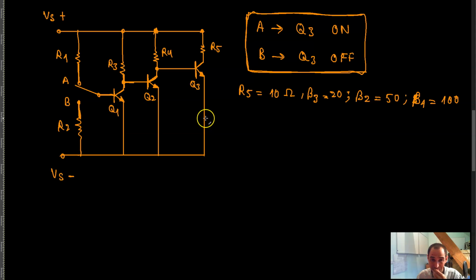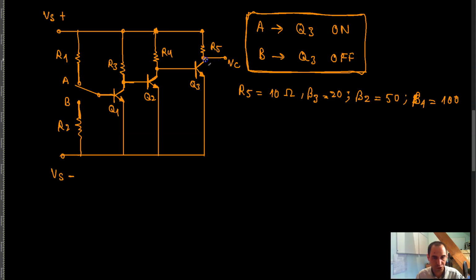In order to calculate that, a transistor is said to be turned on if there is no voltage drop across the collector emitter junction, meaning that if I take this voltage over here and call it V of C, this V of C has to be equal to 0.